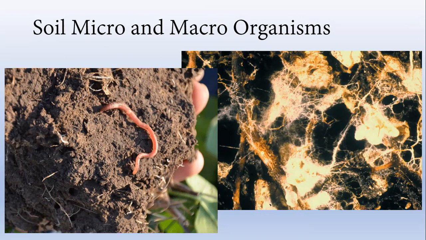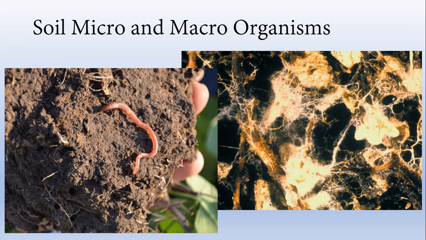The vast majority of these organisms are beneficial. So most of the organisms living in the soil are not pathogenic. They're not going to cause crop diseases. They're not going to cause decrease in production. Alternately, they typically help and increase yield and increase production.